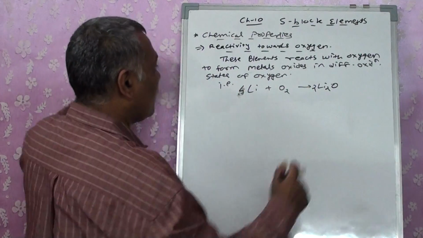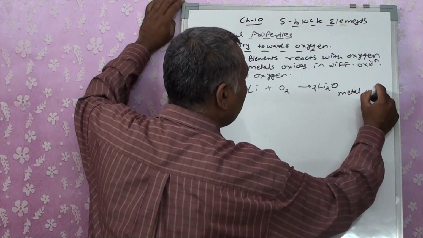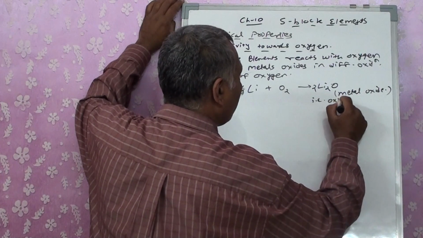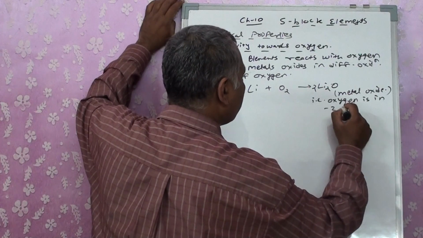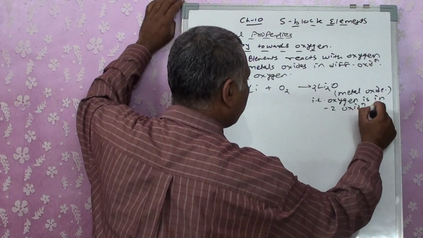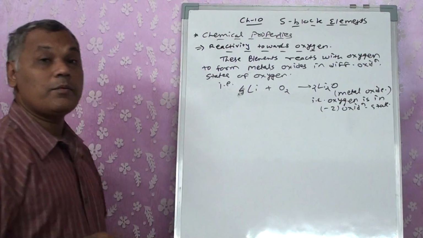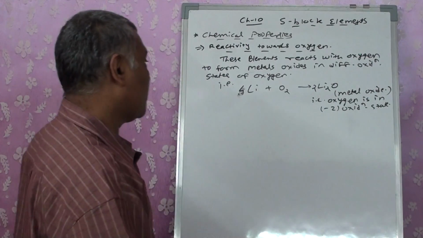We get it in the form of a metal oxide, that is, oxygen is in the -2 oxidation state.